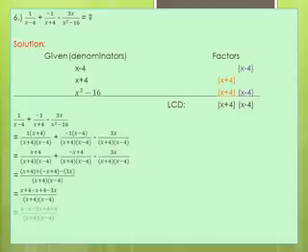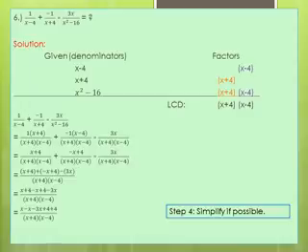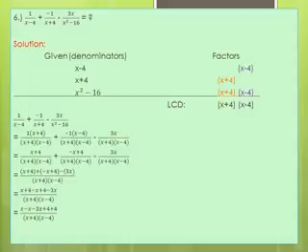Then, we combine like terms, so x minus x minus 3x plus 4 plus 4 all over x plus 4 times x minus 4. So, x minus x minus 3x is equal to negative 3x and 4 plus 4 is equal to positive 8, the denominator is x plus 4 times x minus 4. Or it can be negative 3x plus 8 over x squared minus 16, or 8 minus 3x over x squared minus 16.